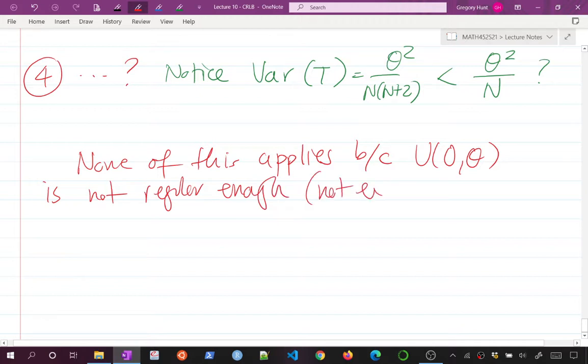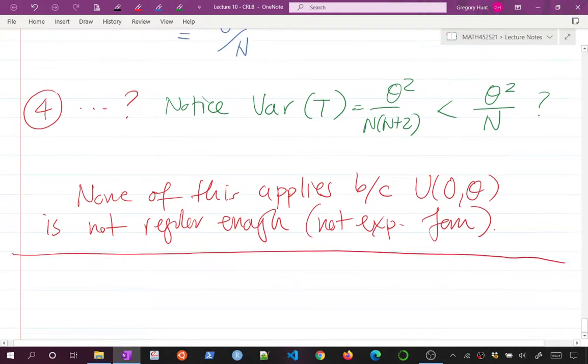Basically, it's not an exponential family. And that's the story. That's why we're getting all these weird things, and that's why you can find an estimator with a variance that beats the bound, which shouldn't be possible. If the bound is the bound, you shouldn't be able to beat it. Well, it's only the bound for nice enough families of distributions, for exponential families.